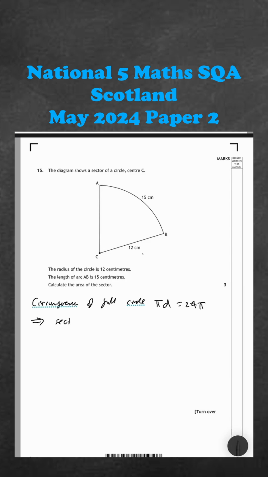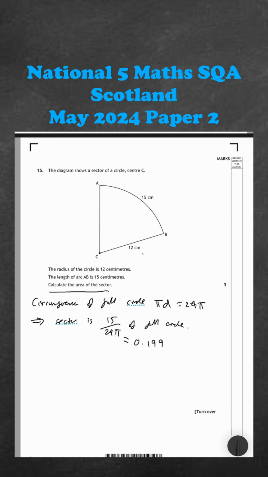Therefore, the sector is 15 out of 24 pi of the full circle. So 15 divided by 24 pi gives me 0.199, basically out of 1, if 1 is the full circle.